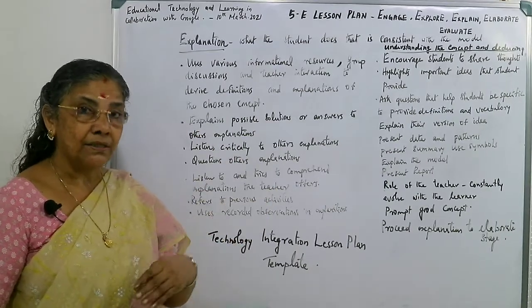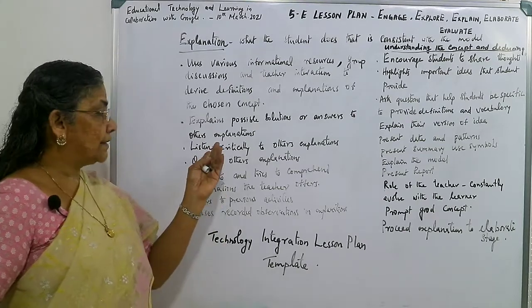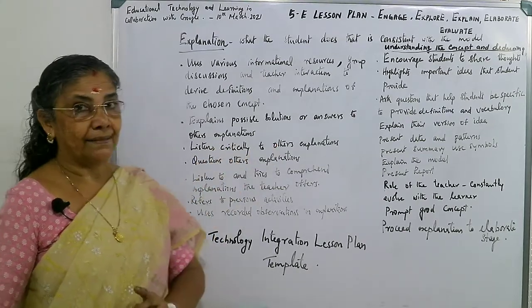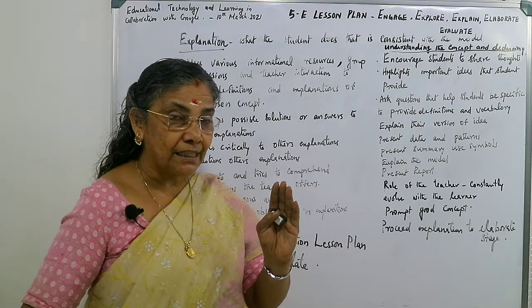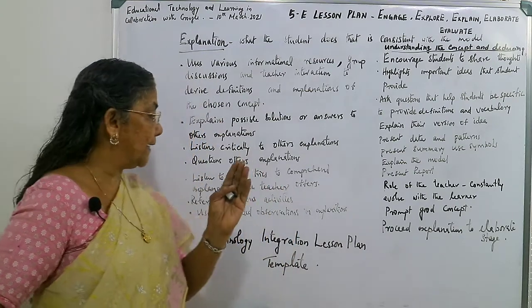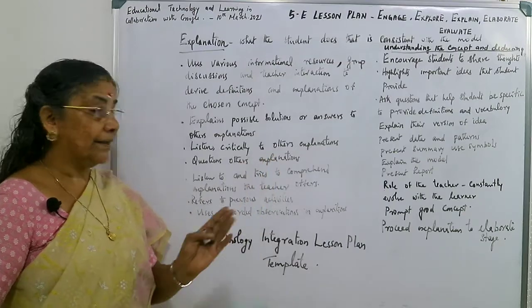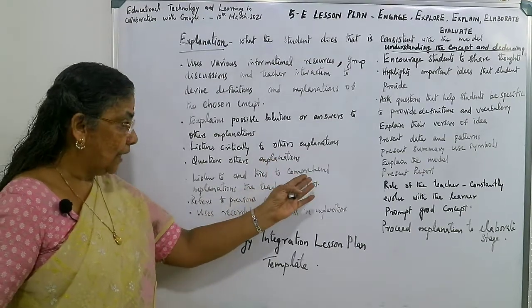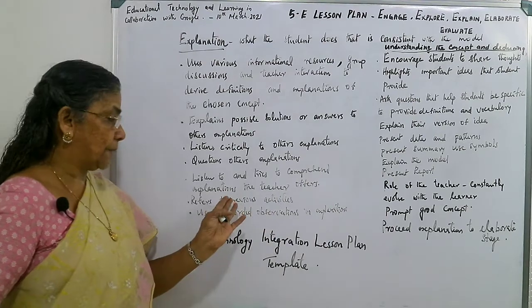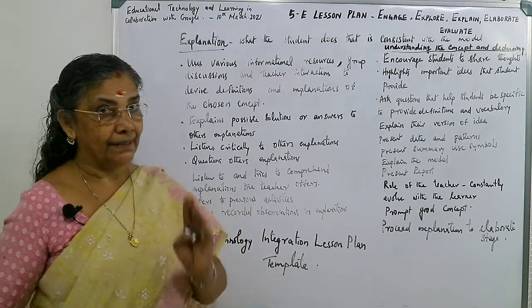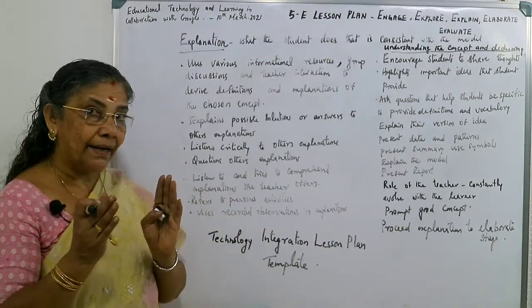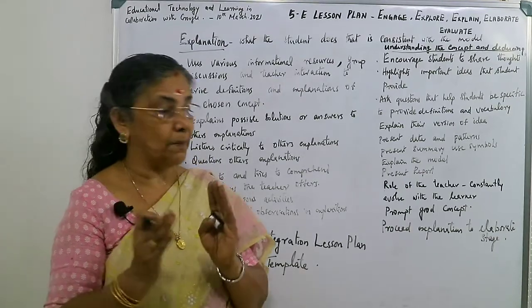There also the student's role is there. And listens critically to others' explanations, listens carefully to others' explanations and questions, listens and tries to comprehend the explanations the teacher offers. That is, they are listening and comprehending what the teacher explains.